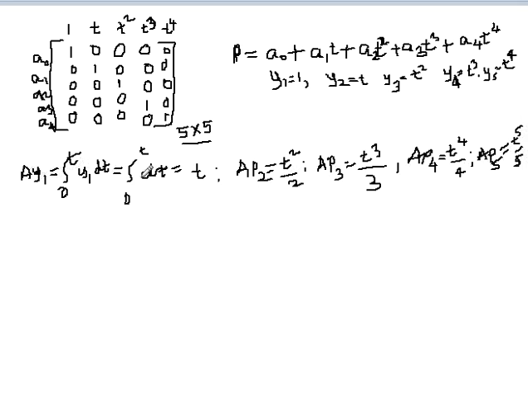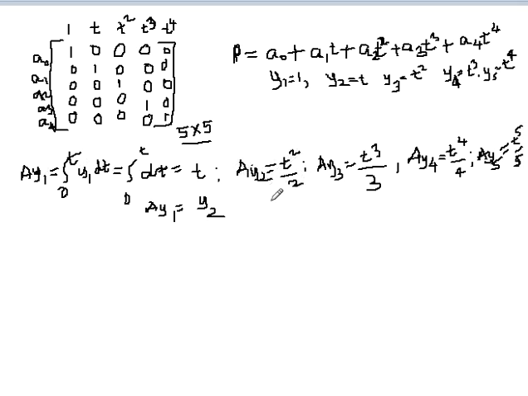Now this first one, A y1, which is equal to t, can be written as y2. A y1 is nothing but y2. Similarly, A y2 is t square by 2.